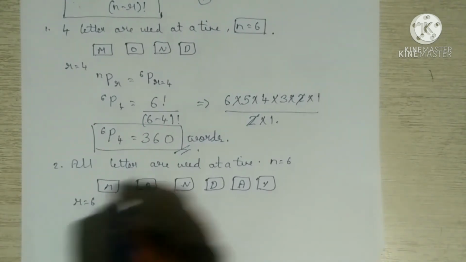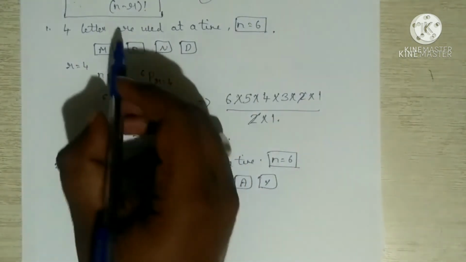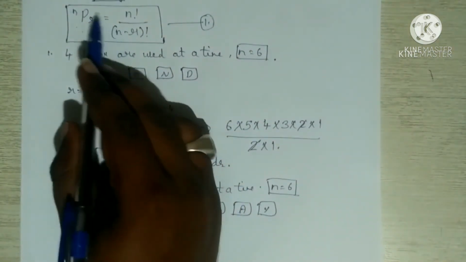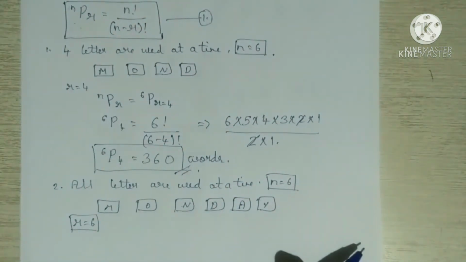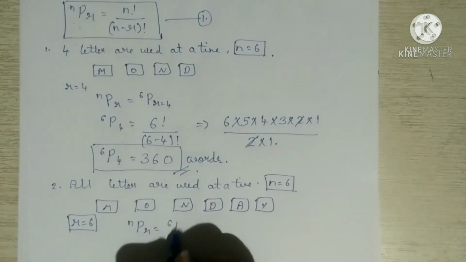Substitute n is equal to 6, r is equal to 6 in equation number 1. nPr is equal to 6P6.